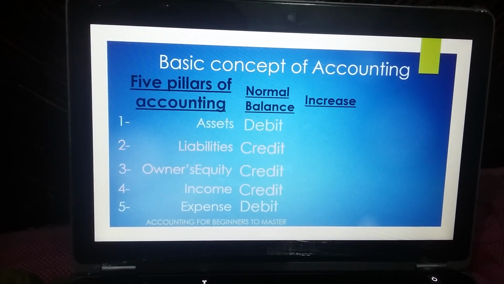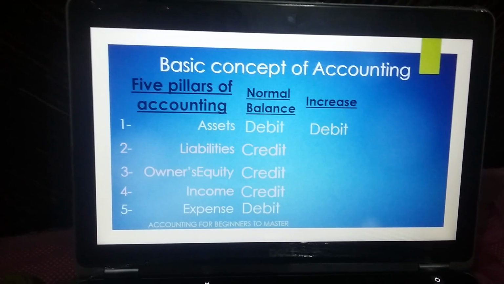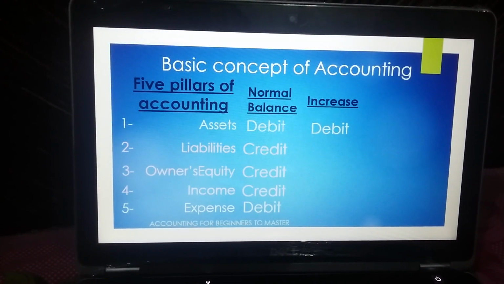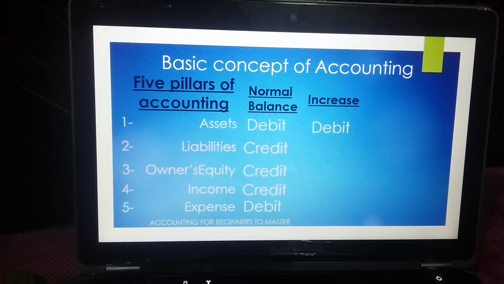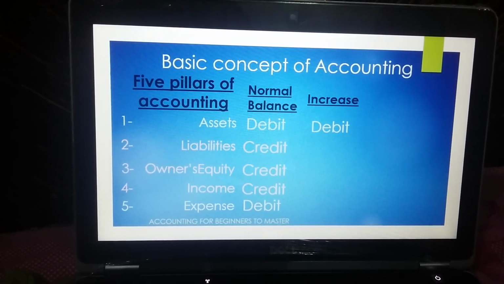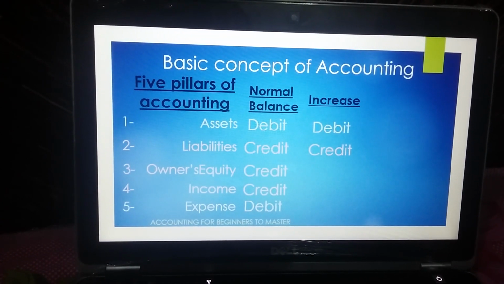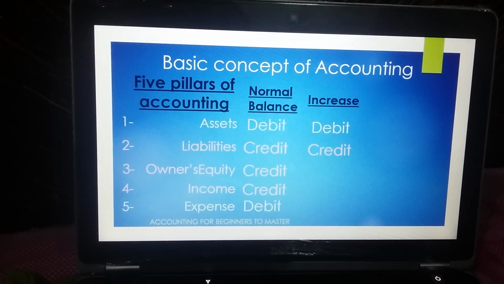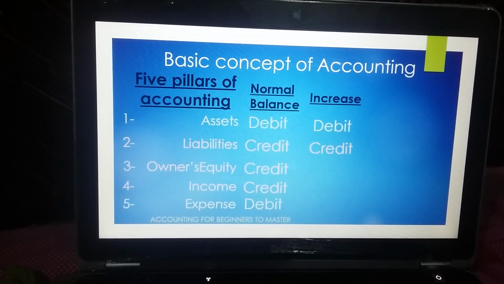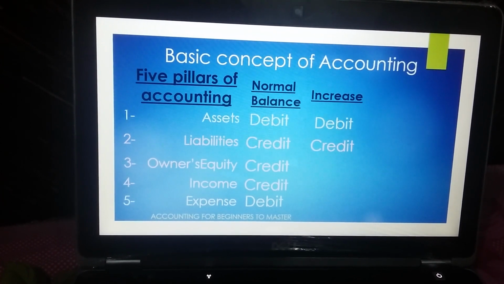When there is an increase in assets, as we know, assets have a debit balance, so a debit balance means an asset increase. Liability has its normal balance as credit, so when there is a credit balance, it means there is an increase in liability.